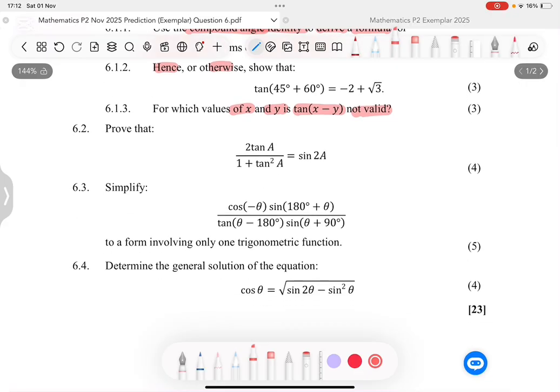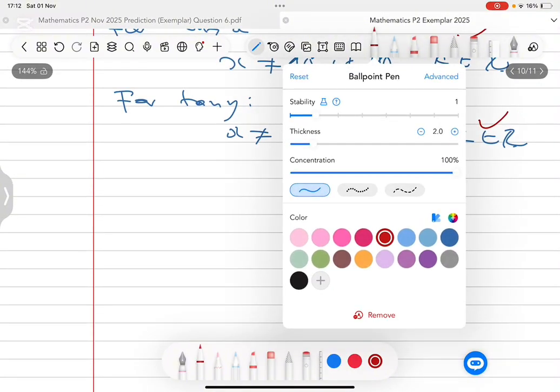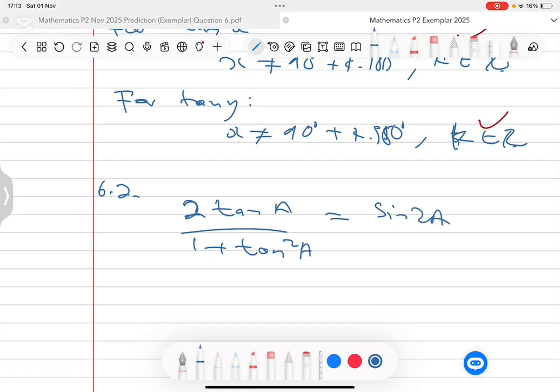Moving along to the next question, in question 6.2 we are told to prove this identity. We are given tan A over 1 plus tan squared A equals sine 2A.